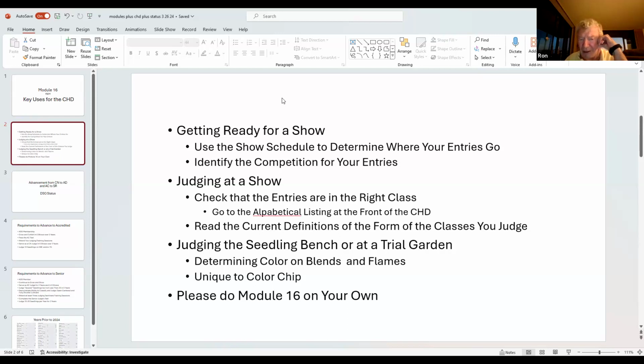The other thing is to identify the competition for your entries. So once you know it's a 3001, then you can go and look and see what the competition's going to be for that.